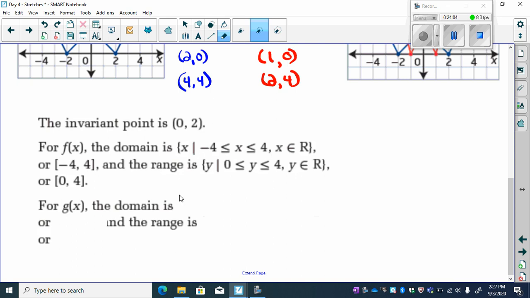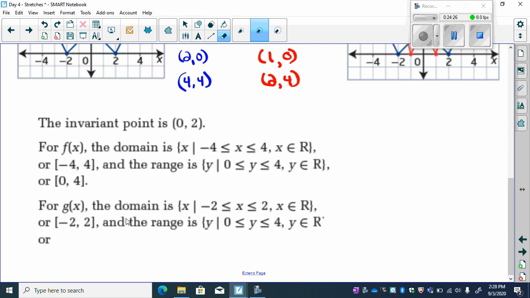If I cut the x values in half, I cut the domain in half, so it should go from -2 to +2. In interval notation, -2, 2 in square brackets. And the range didn't change. Okay, it was from 0 to 4. It's still from 0 to 4. I did not manipulate the y values.